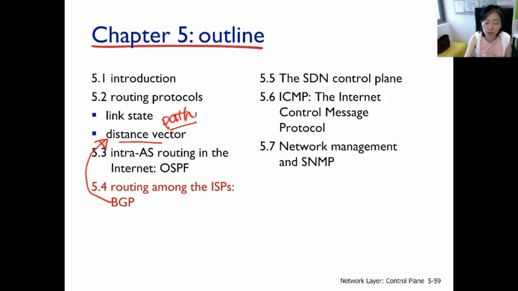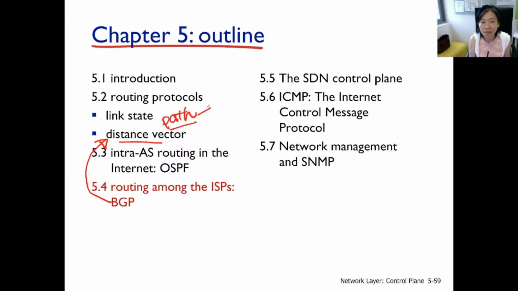But the downside of tracking the entire path is that the memory requirement is higher. But this is okay at the inter-AS level, because we try to aggregate destination IP addresses into prefixes. And if we do that as much as we can, we are not actually storing a big vector containing one entry per IP address. Potentially, we just have a low number of these prefixes to span the entire IP address space.